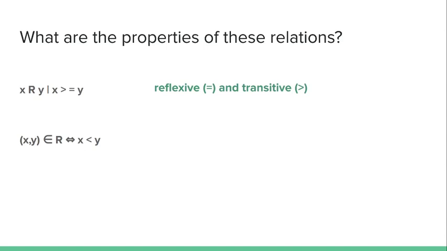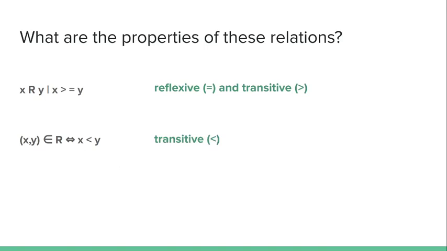What about the second relation? This notation says the pair xy is an element of the relation R if and only if x is less than y. That's the way you would read this notation. Another way to say it is the relation is x is less than y. So what are the properties of that relation? It's just transitive because of the less than.